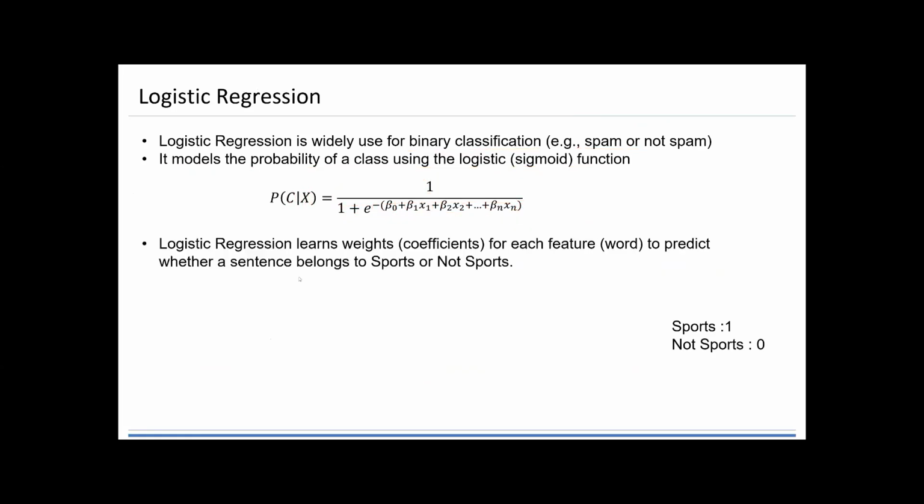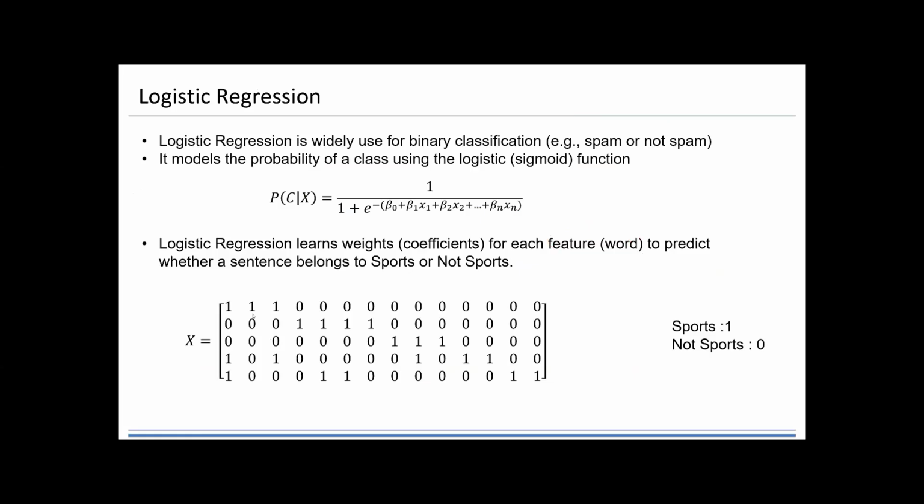The logistic regression learns the weights or coefficient for each feature word to predict whether a sentence belongs to sport or not sport. So for every word, we will make it a feature. For example, this is the feature that we generate from the previous matrix.